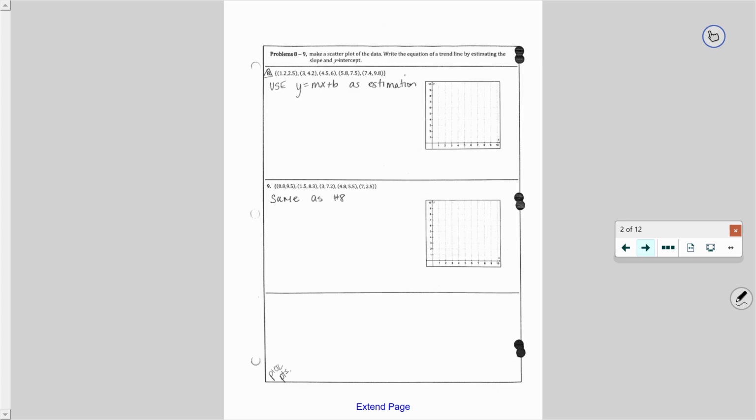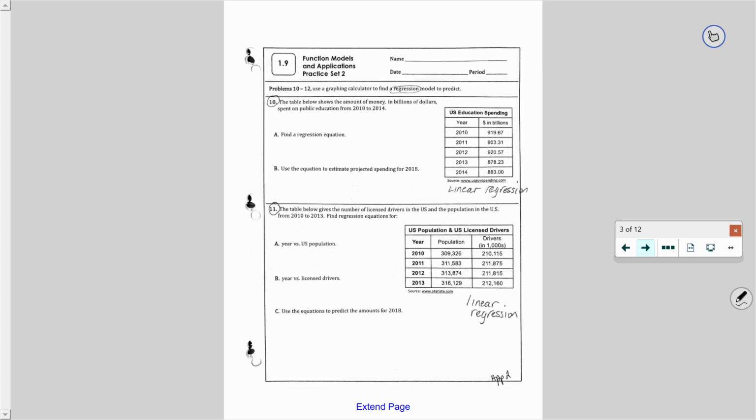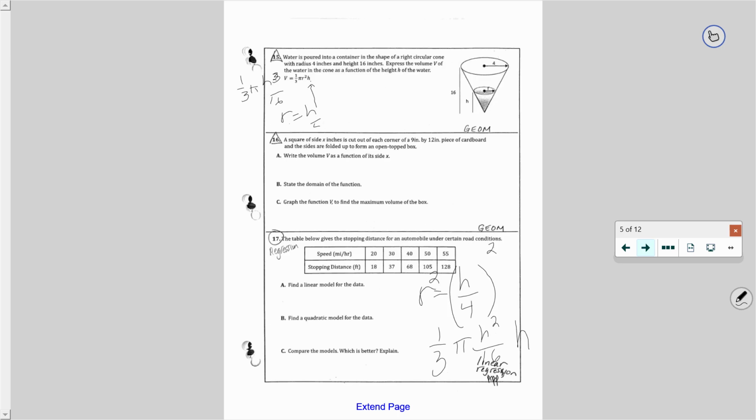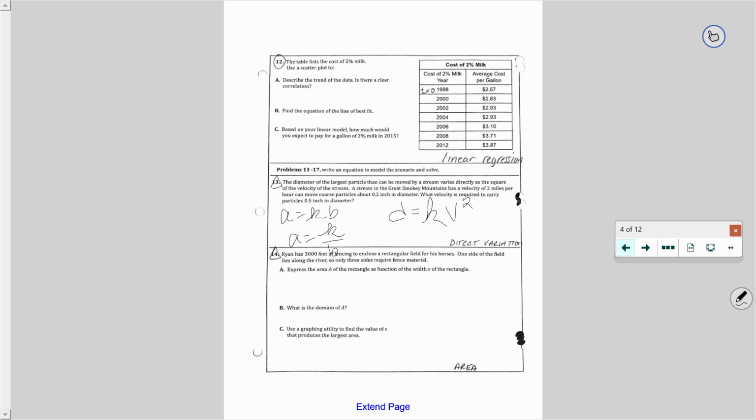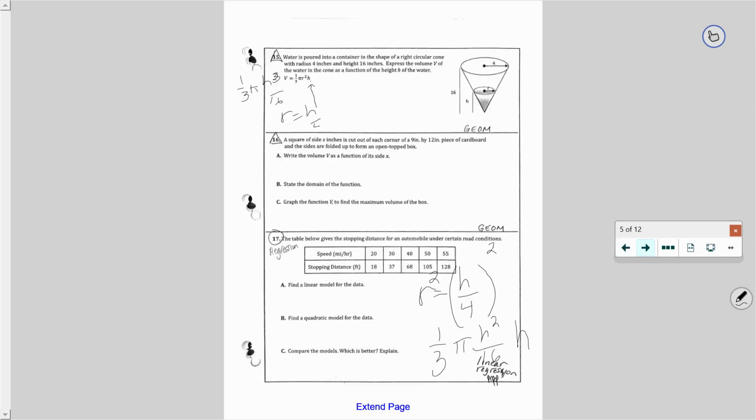And 16 was also volume. So you didn't have any on that page. I just skipped over a page. Right? 13 I'll go back to. 14 was geometry. 15 and 16 geometry. Any questions up to 16? Again, besides 13. Anything up to 16 that you want to look at?